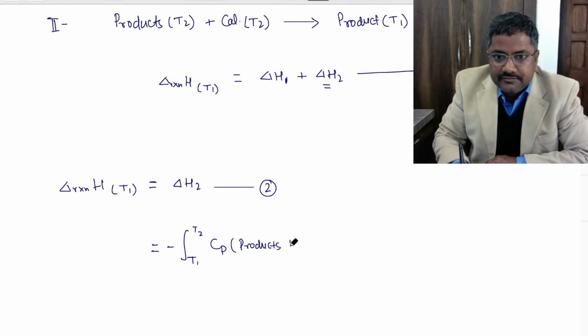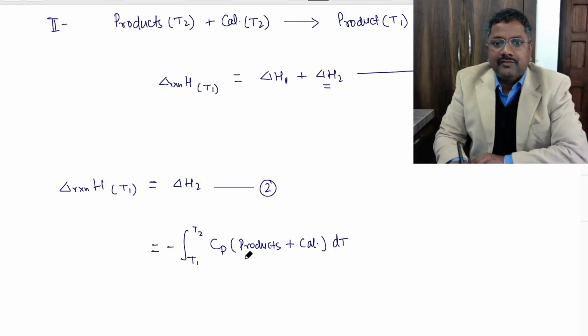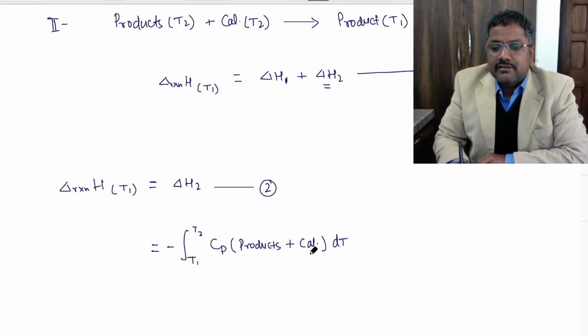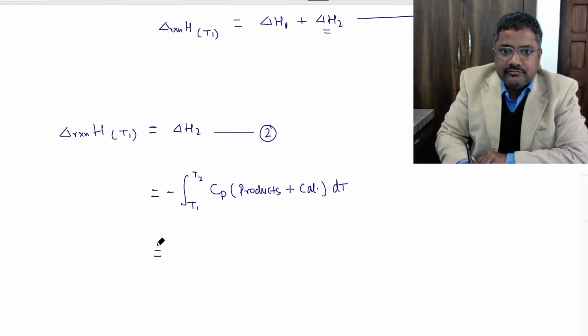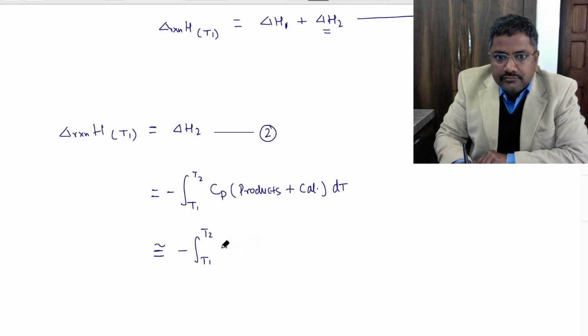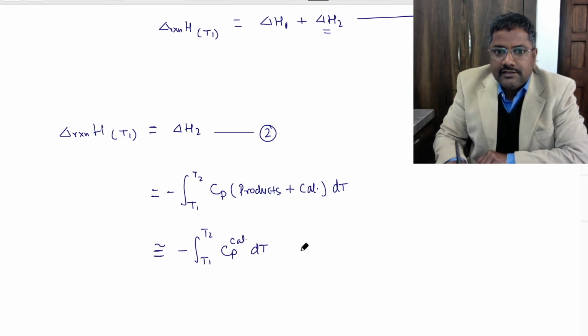Cp of products plus calorimeter dT, right? Minus integral T1 to T2 Cp of calorimeter dT, right?